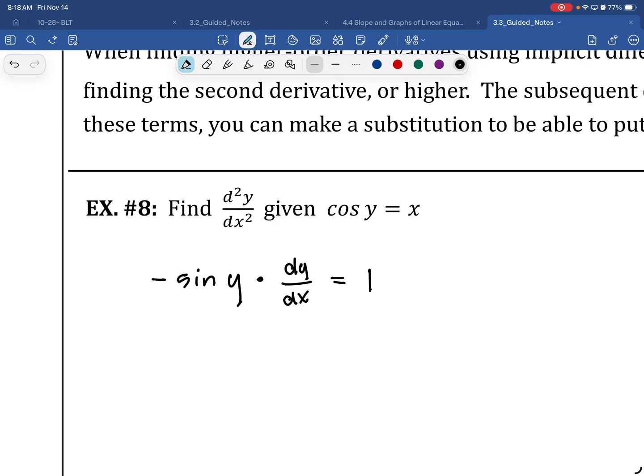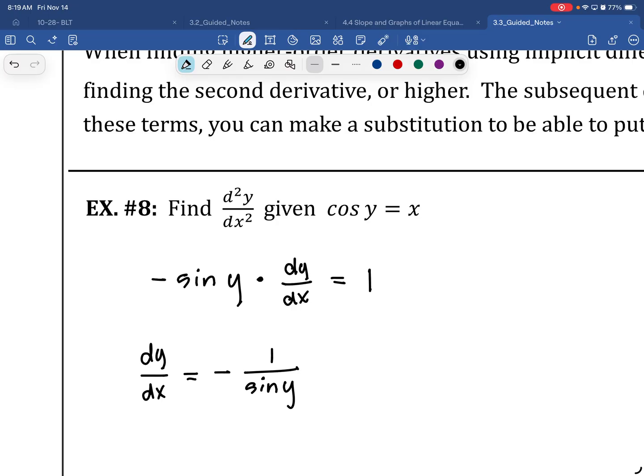Can we get that dy/dx by itself? Yeah. All we have to do is divide by negative sine of y. So dy/dx equals negative 1 divided by sine of y. Now that's the first derivative.